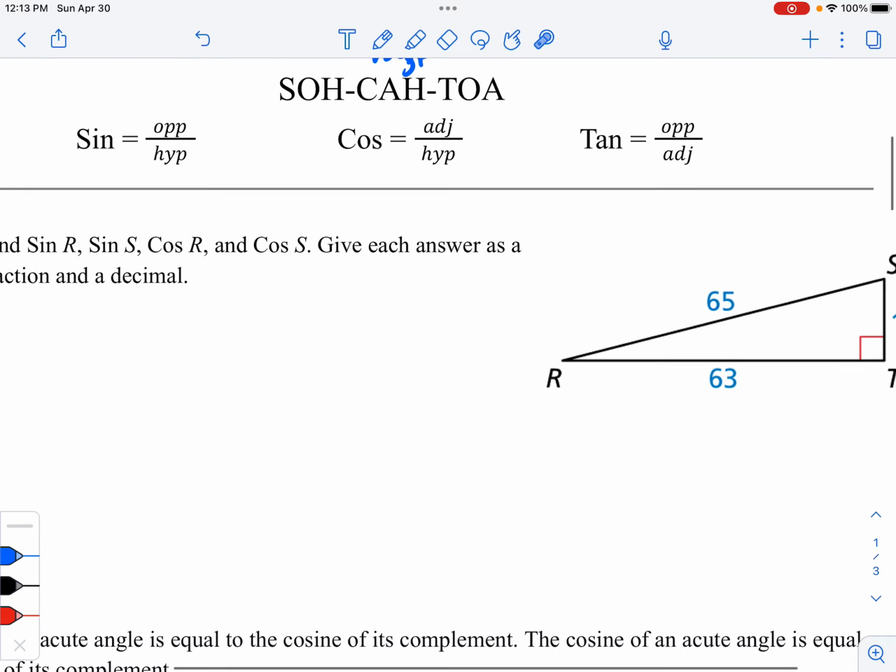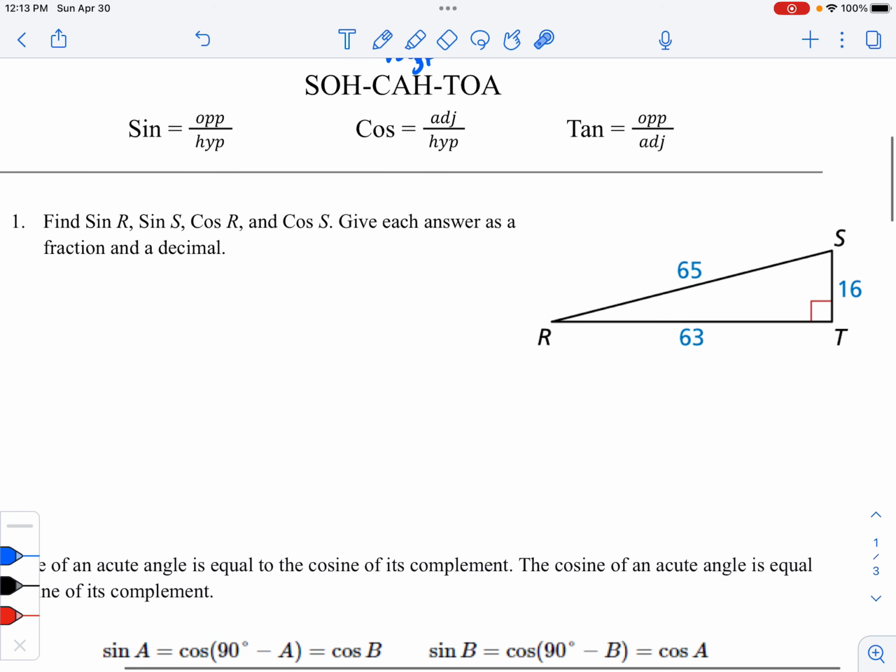Moving forward, we're going to start by recognizing these ratios and writing them out for some sine and cosine models. First, I'm going to look at sine of R and sine of S. This is the model on the right.